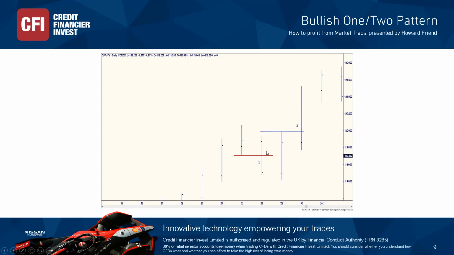Okay, so once we've identified the 1 down, we're now looking for the 2 up. So the 2 up comes, we draw a blue line, or any color line you wish, at the highest high for the last 2 bars. So at the end of this bar, the 2-bar high is here. Okay, so the next bar comes along. So on this bar, we can buy it here, but it doesn't actually reach that point on this bar.